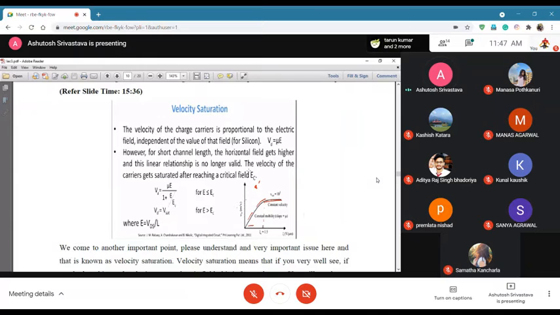So the velocity of the carrier gets saturated after reaching a critical electric field, which is this. So this is the velocity of the charge carriers in the linear region and the velocity of the charge in the saturation.